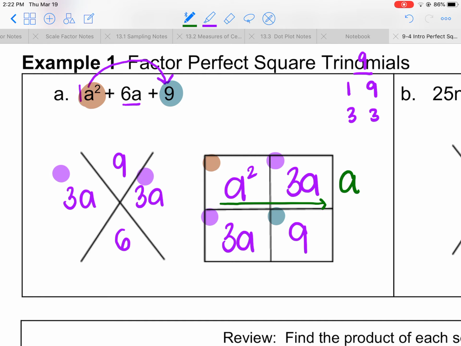I can't pull out a squared because 3a only has 1a to pull out. And then I find the GCF of 3a and 9, which gives me just 3. There is not an a in the 9 term, so I leave it as just a constant.